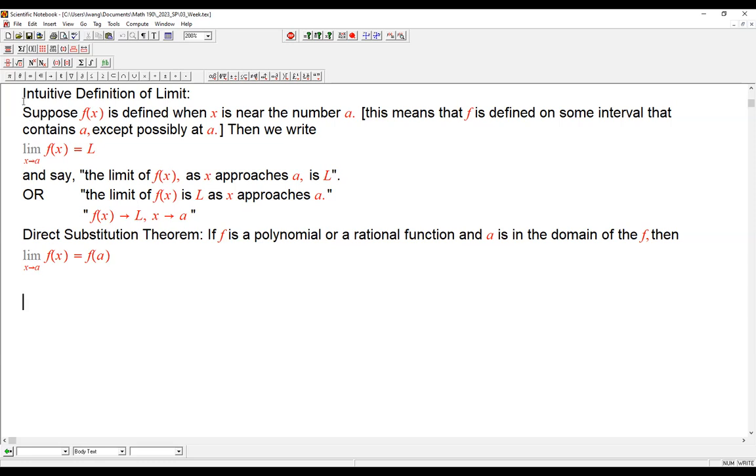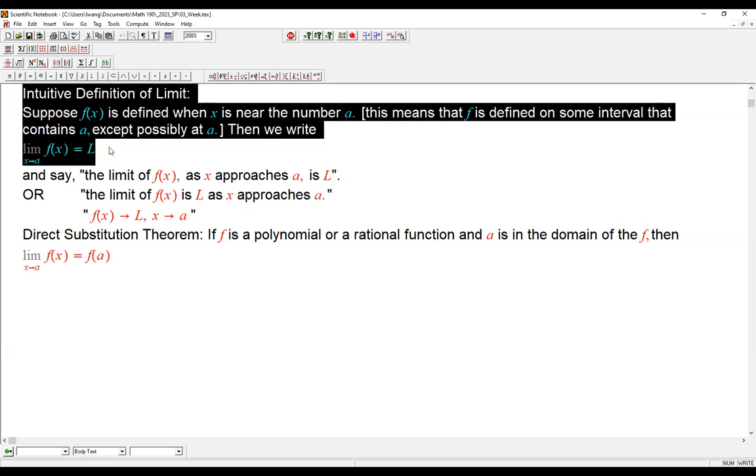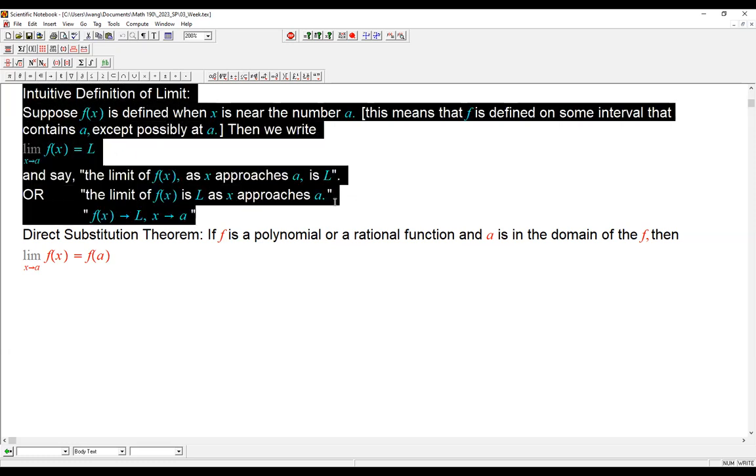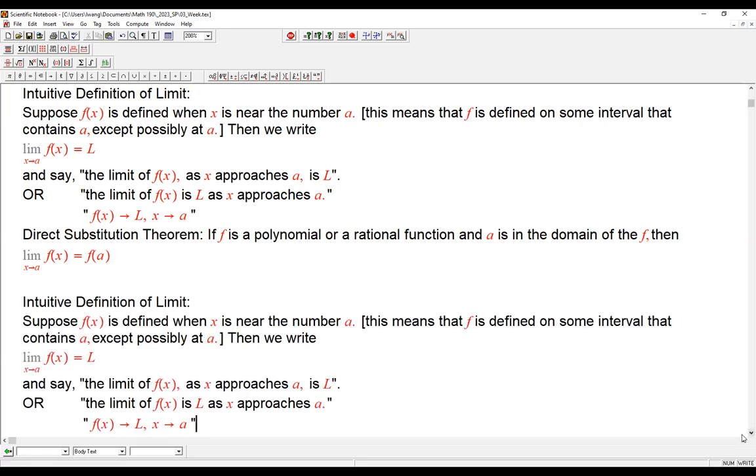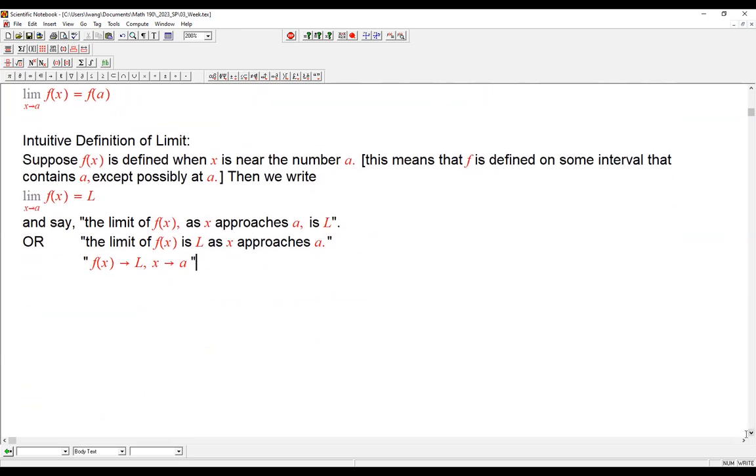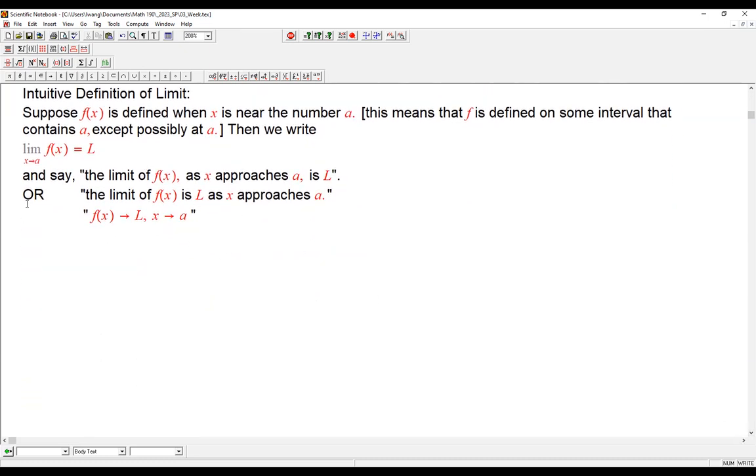Suppose we start with the intuitive definition of limit. When we have x approaching a, if you think of x as the input, a is also a number that's near.